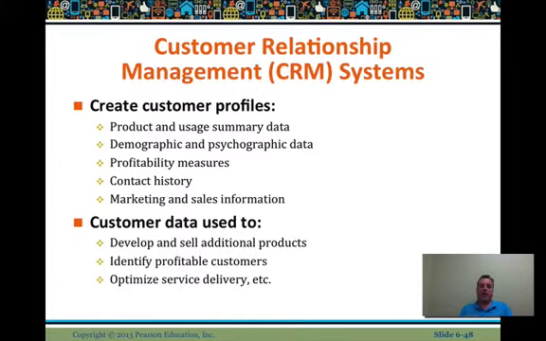So, CRM data, another big area. Collecting what is the usage by your consumers, what products are they using, what products are they buying, what products are they investigating, from their patterns, from their behavior, from their profile information, what is their demographic, from their IP address, what is their psychographic data, what is their behavior data, how much profitability is each customer or customer group, what is the contact history that you've had back with that customer, how much have you engaged with them, how often, how frequent.